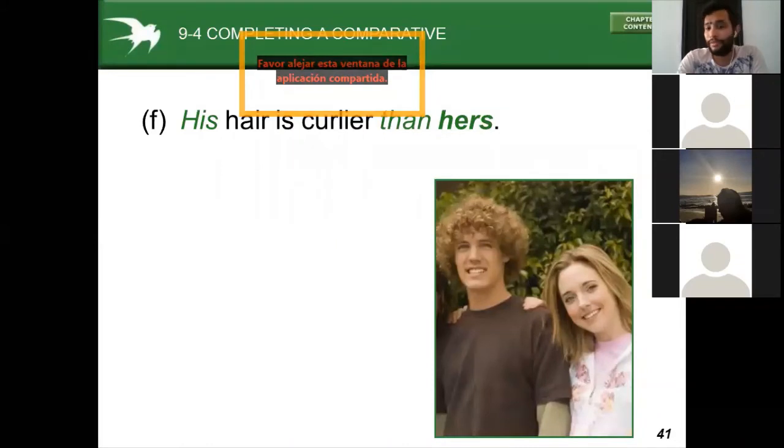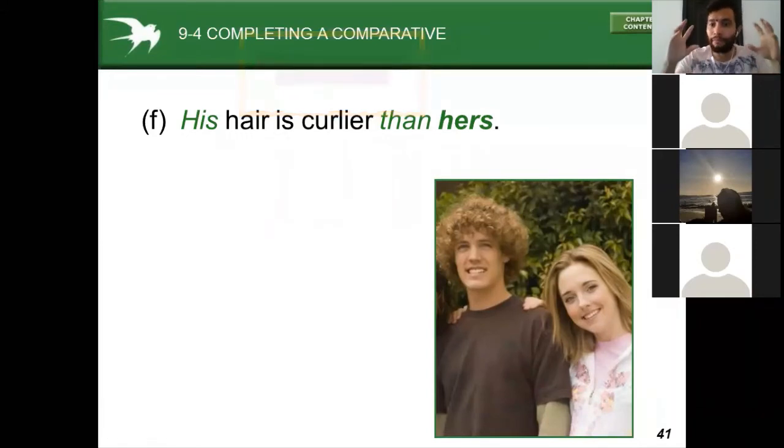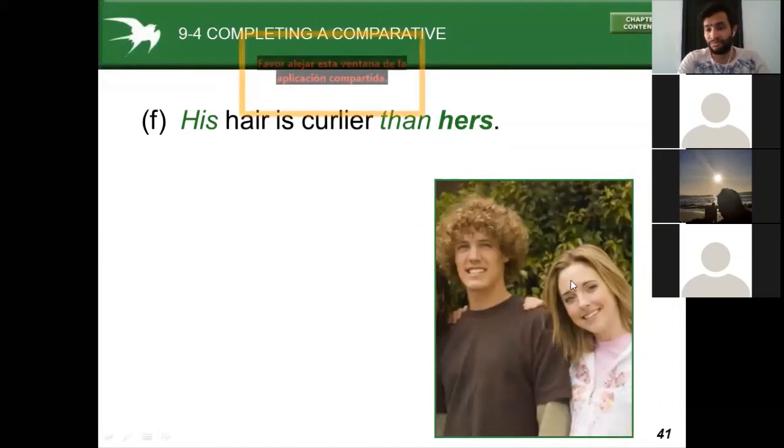So over here we have the same thing. We continue, but this is not like actions here. We are talking about now possessions, and something similar happens. Again, we have the two young people here, the young couple, the man and the girl. And it says here, his hair is curlier than hers.